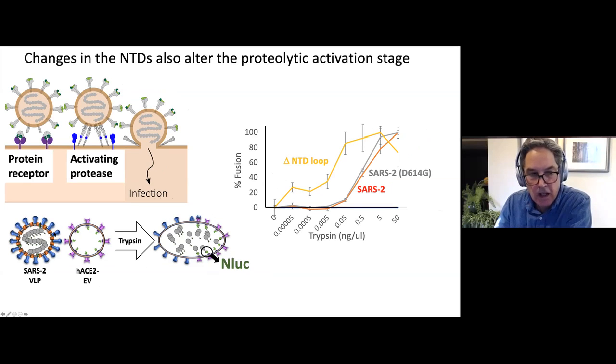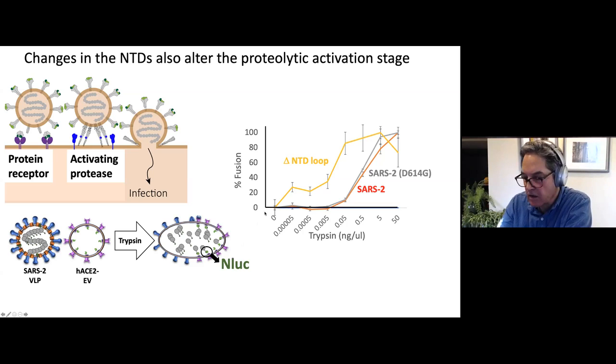All it really takes is a mixing of these two particles in the presence of an activating protease. We use trypsin at this time, and voila, there's membrane fusion between the vesicles and a strong complementation into easily measured nanoluciferase. So the levels of active nanoluciferase are the readout for coronavirus membrane fusion.